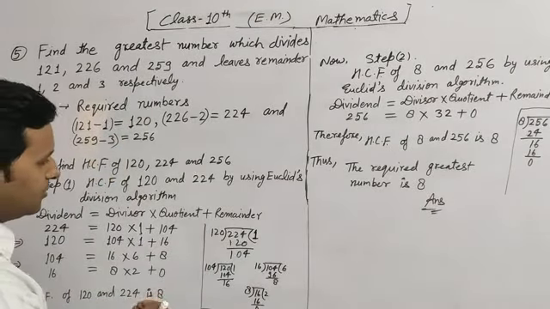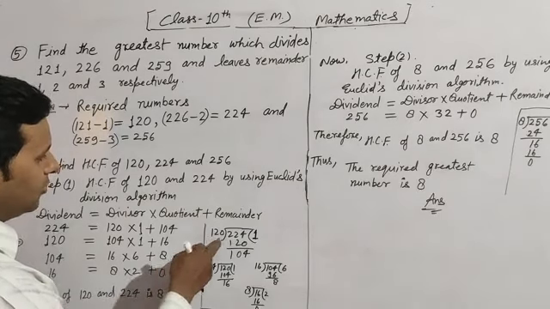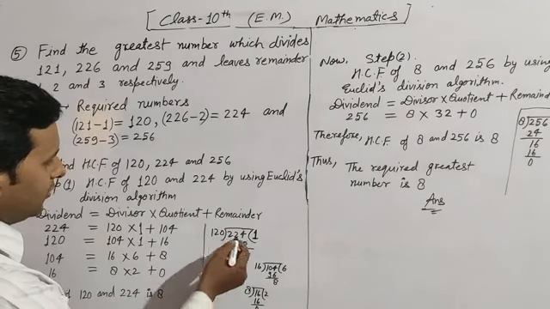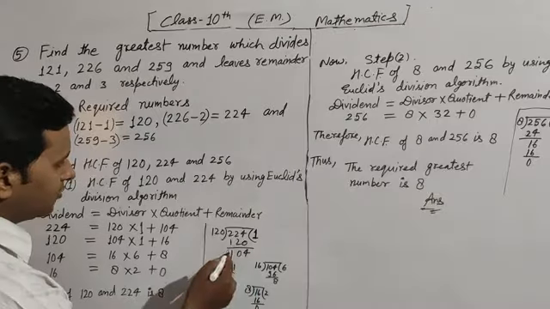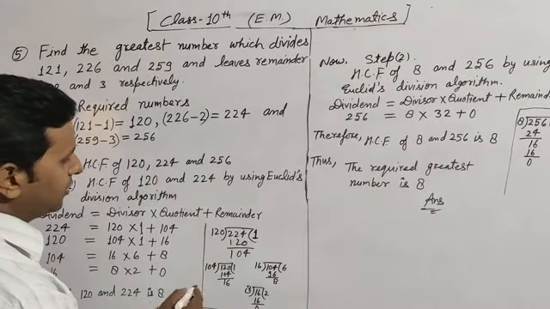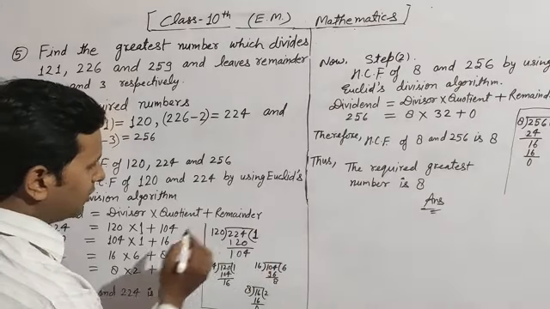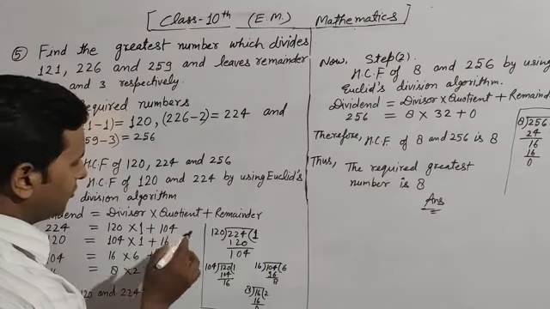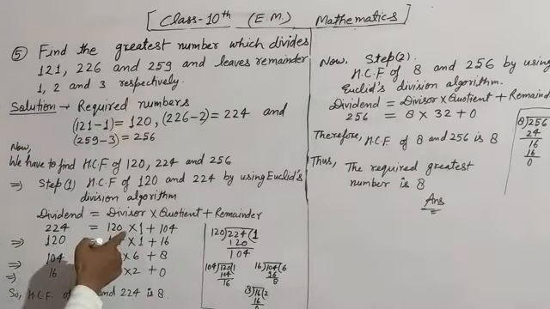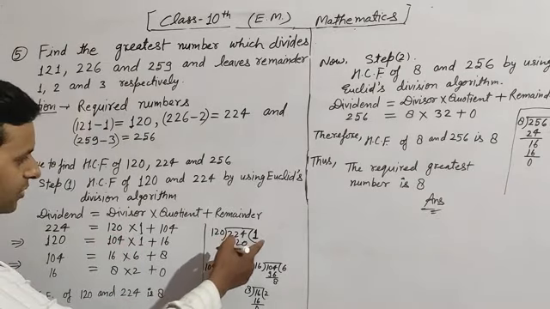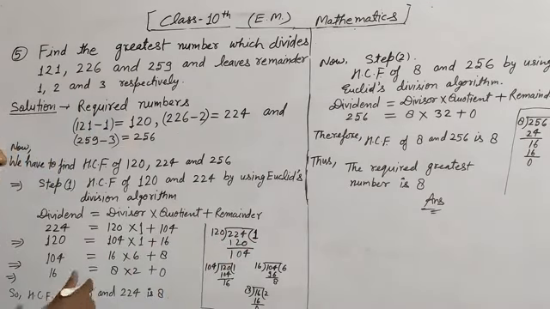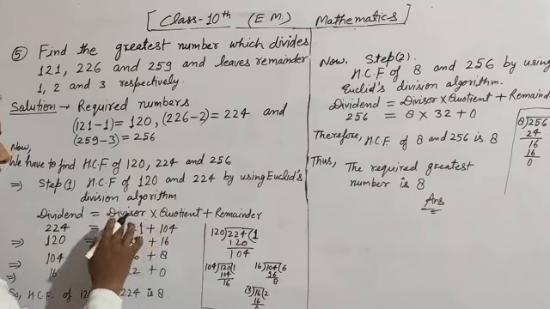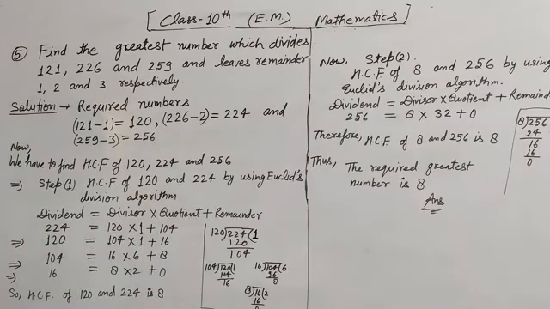Now, we divide here in simplest form. 224 divided by 120, we get here quotient 1 and remainder 104, divisor is 120. So here divisor is always written because it is the smaller number, and quotient we get 1 and remainder 104. We can put these values in our formula.